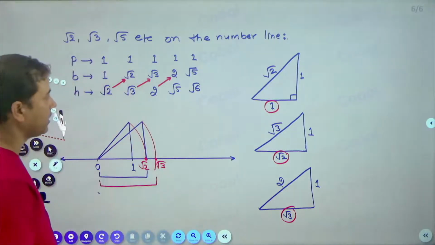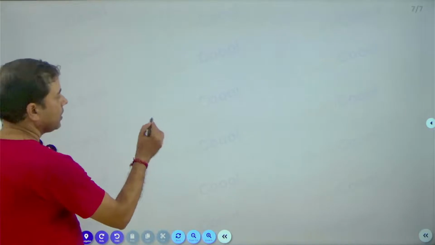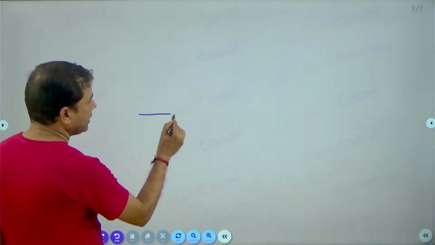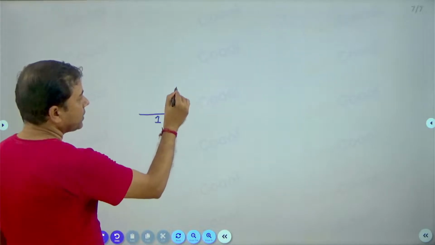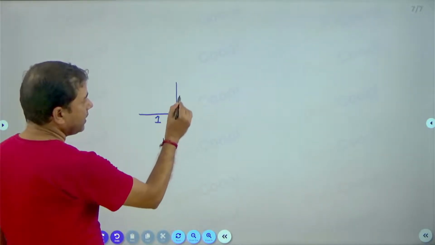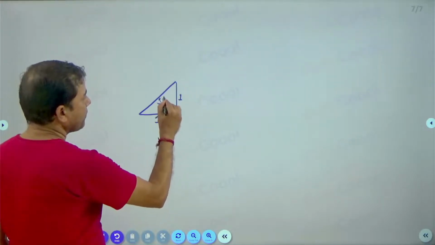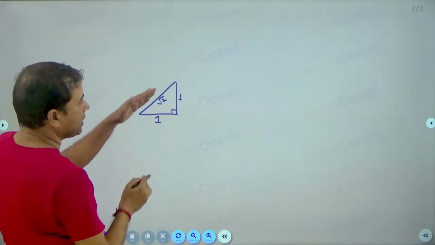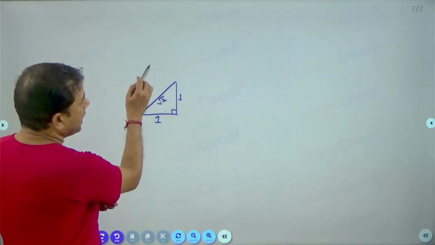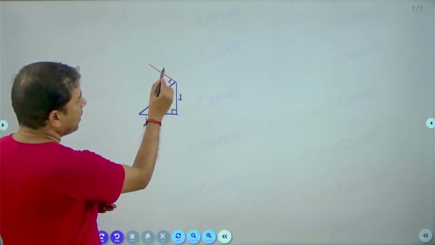But if you want to show the spiral, you can create it. To create, you will use the same fact. First of all, draw a right triangle, 1 unit base, 1 unit height at 90 degree. Join it. You got root 2, this length root 2. Now at this hypotenuse, draw another line here making 90 degree of 1 unit.